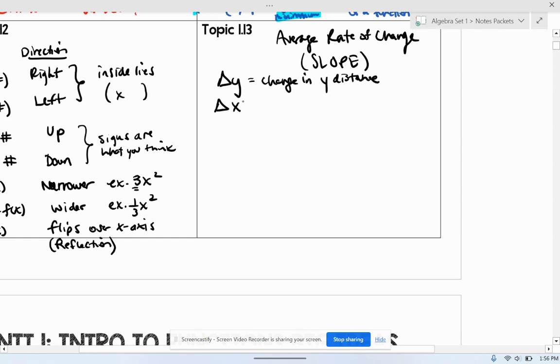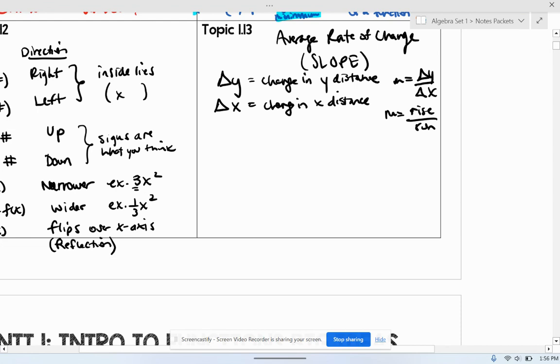And then delta x is going to be the change in x. And we can calculate the slope as the change in y over the change in x. Sometimes you see it as rise over run.